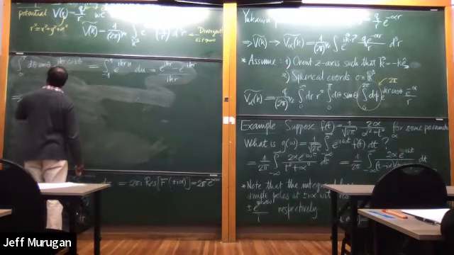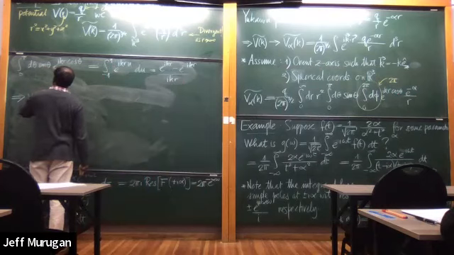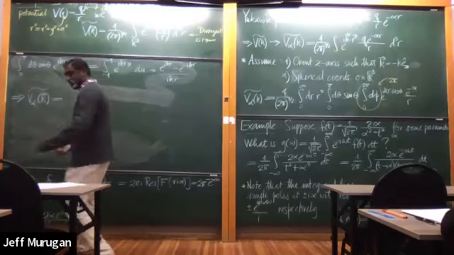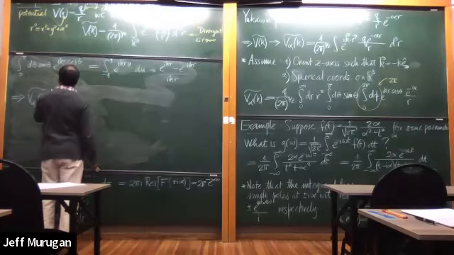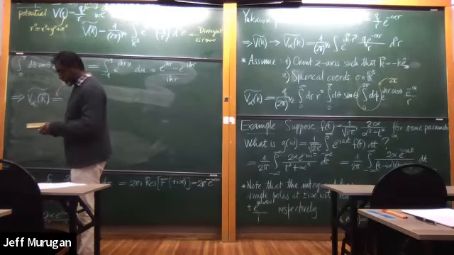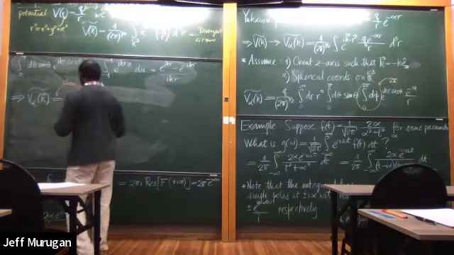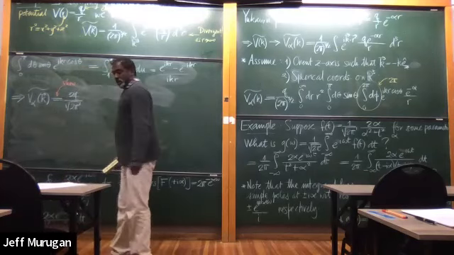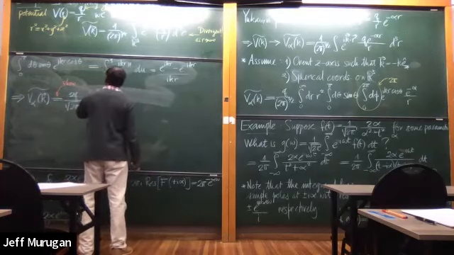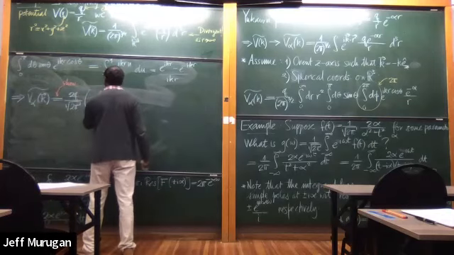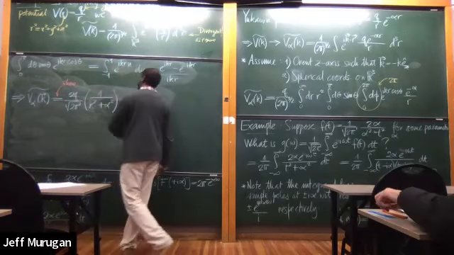Show that v alpha tilde of k, the details there, is just 2q over the square root of 2 pi times 1 over k squared plus alpha squared.